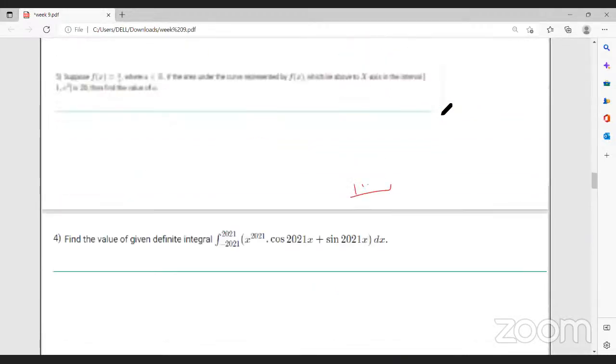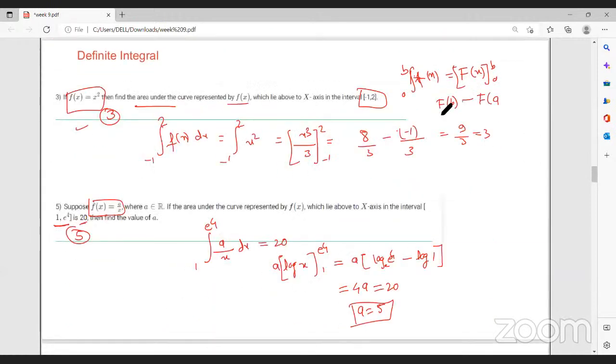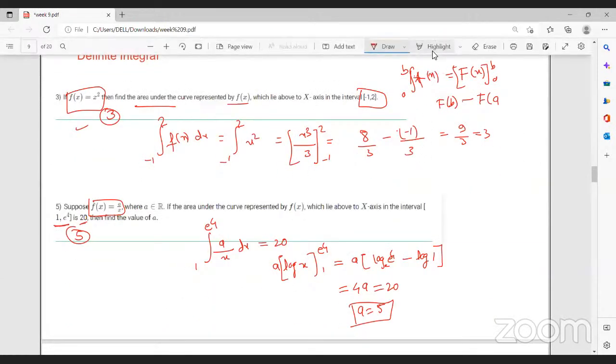Sir, how is log x converted to log e to the power 4? The integration of 1 by x is log to the base e of x. I am simply putting the upper limit e to the power 4 instead of x, minus log of 1.